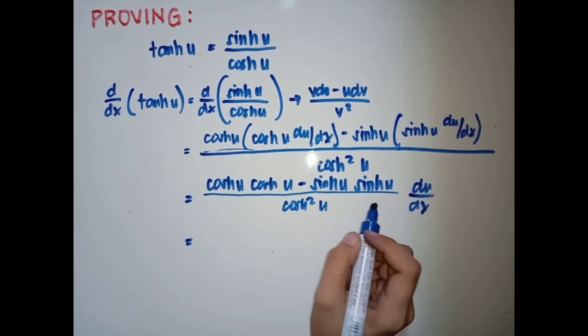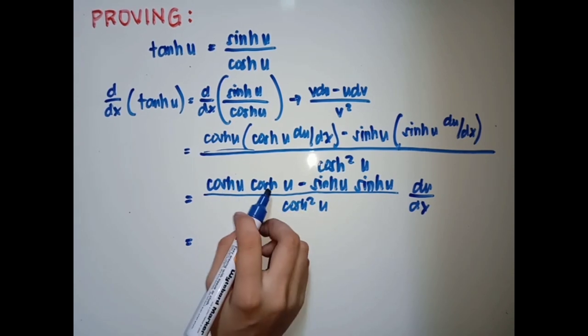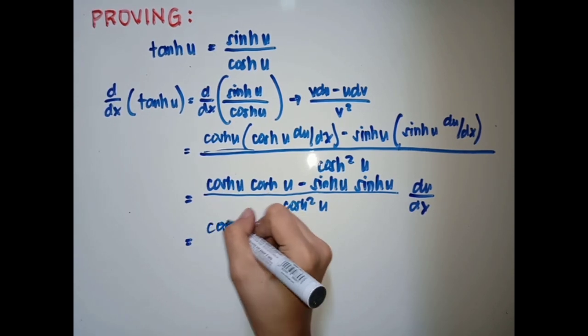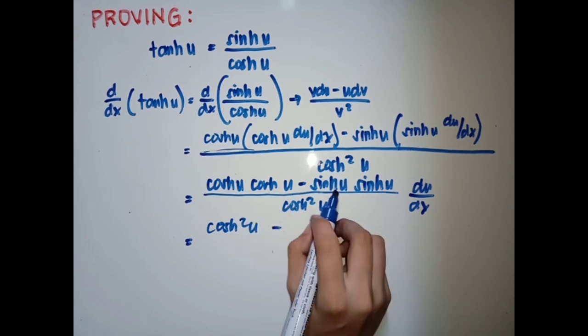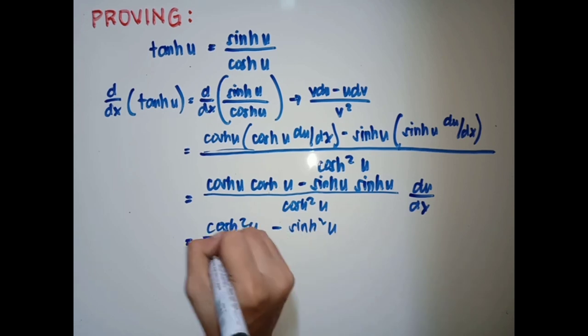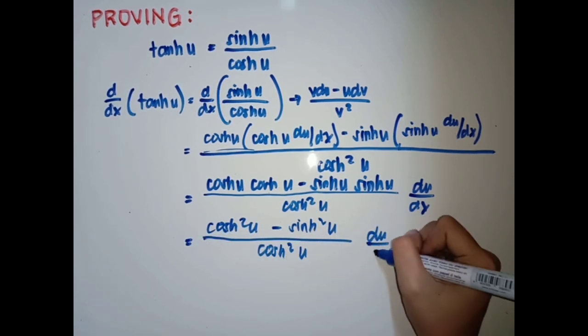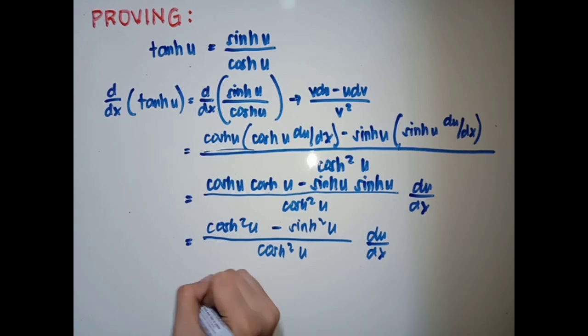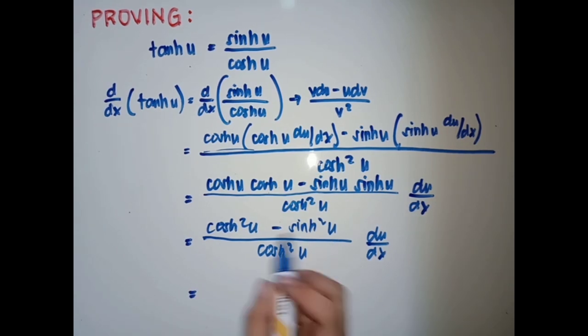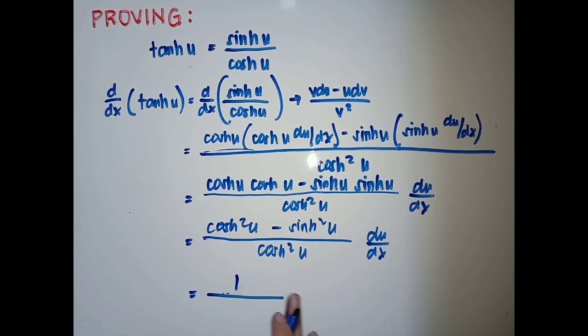So by further simplifying this, we have hyperbolic cosine times hyperbolic cosine is hyperbolic cosine squared u minus hyperbolic sine times hyperbolic sine is hyperbolic sine squared u over hyperbolic cosine squared u du over dx. So equals to, now since identities naman ni, so equals to 1 na. Ka-remember mo sa gi-show ganiha ang derivative sa identity sa Pythagorean relations.